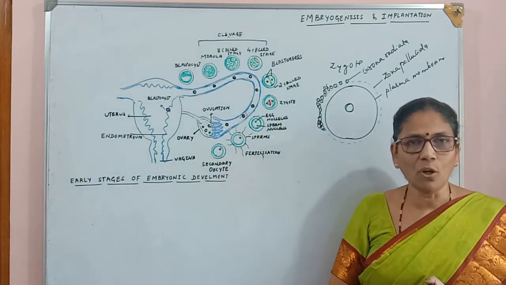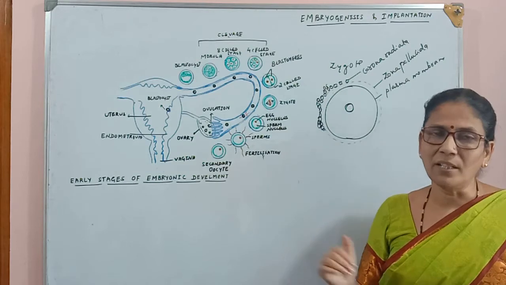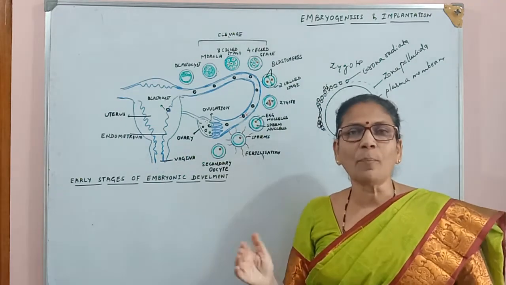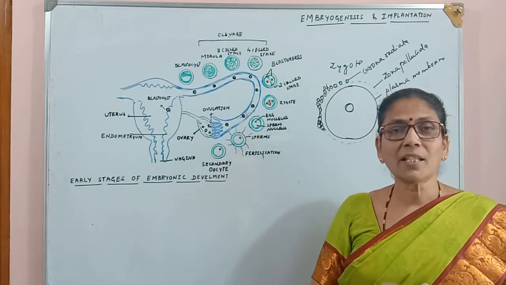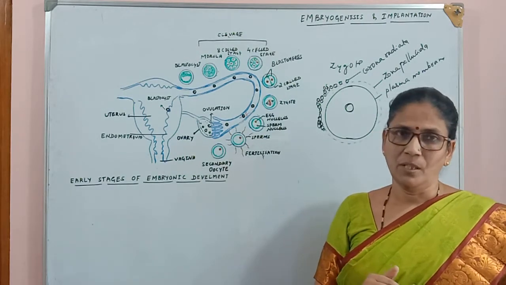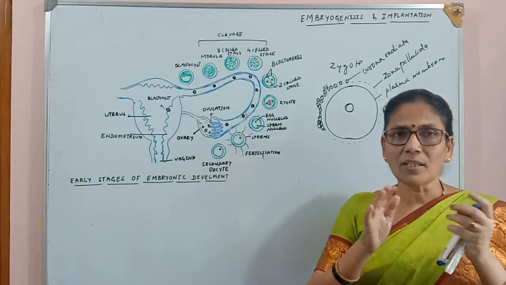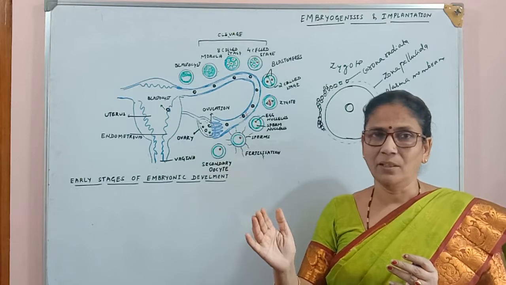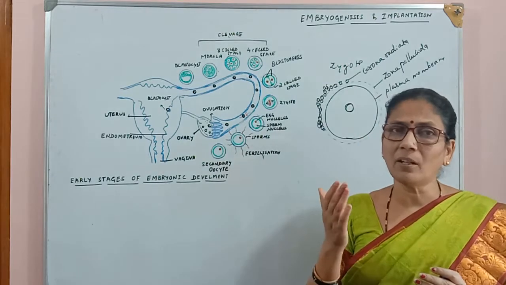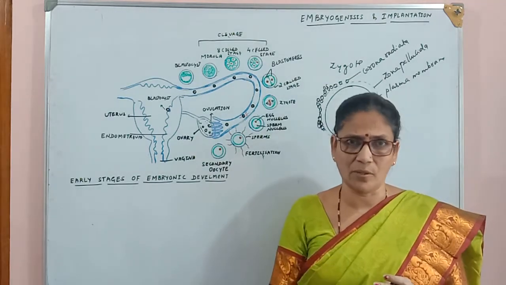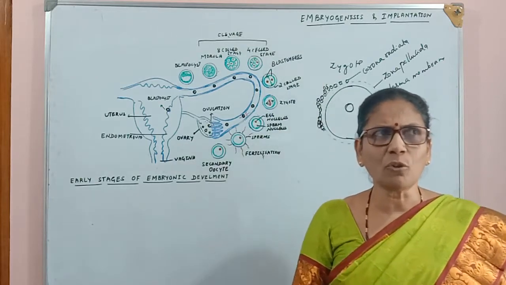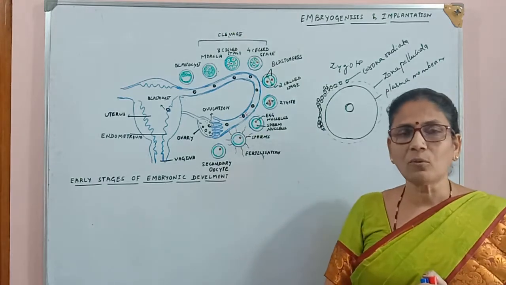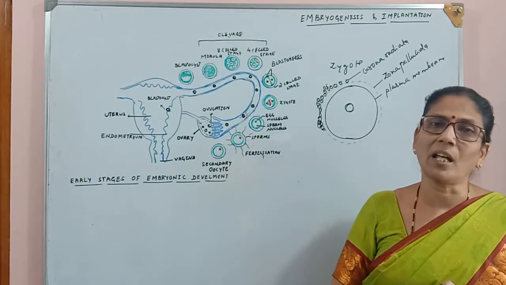The zygote undergoes repeated mitotic cell divisions. By that, there is an increase in the number of cells, but there is no addition of volume. So the size of the zygote or embryo will be the same, but the number of cells is increasing. This is very important. We may come across many questions in NEET, where in one question paper I have seen a question with four options asking what changes take place during early development.